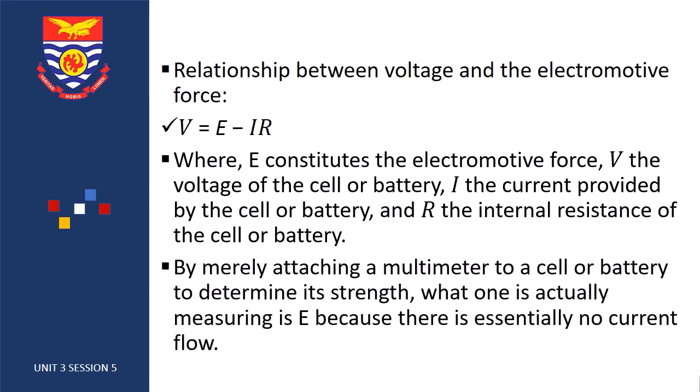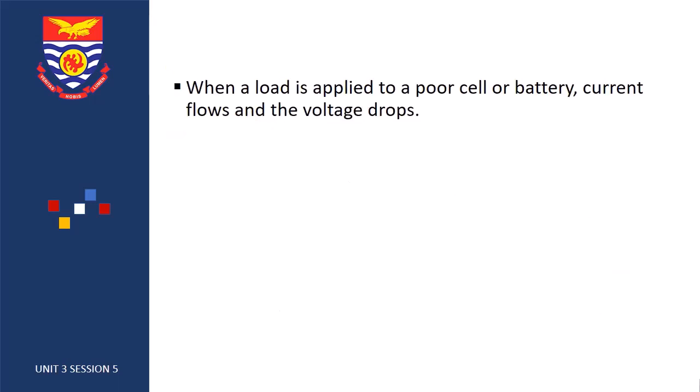So anytime we connect a multimeter in parallel to a cell or a battery to determine its strength, what we actually measure is E, the electromotive force of the cell, because at that point no current flows through the cell.